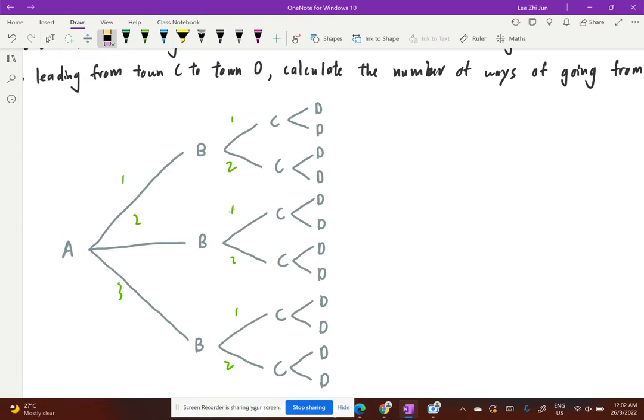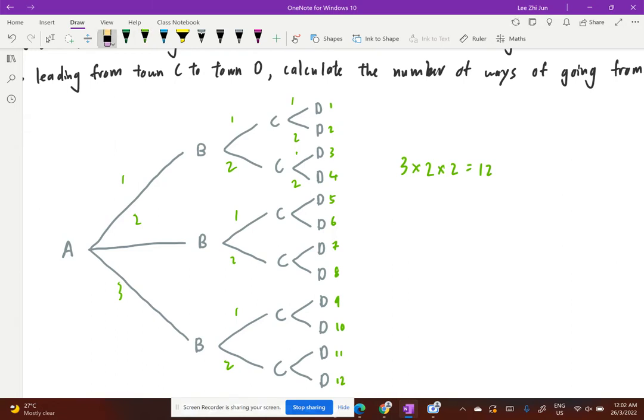It's the same with C to D, which also has two roads, so just 3 times 2 times 2, which equals 12. You can see 1, 2, 3, 4, 5, 6, 7, 8, 9, 10, 11, 12.